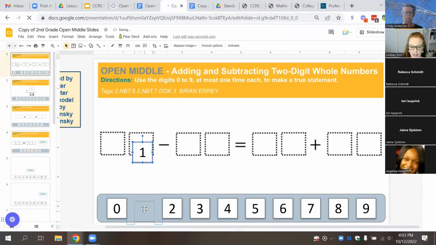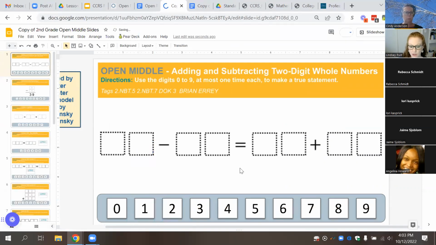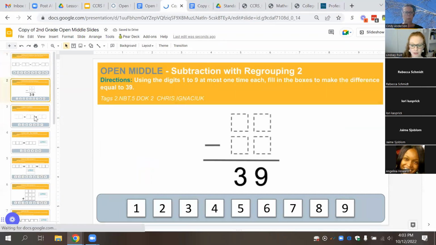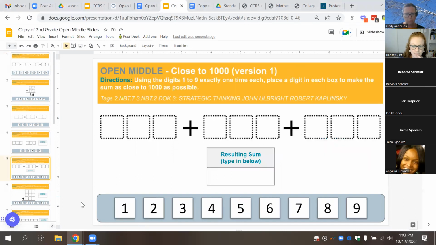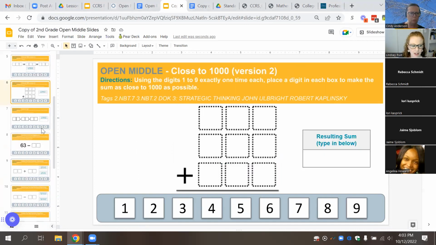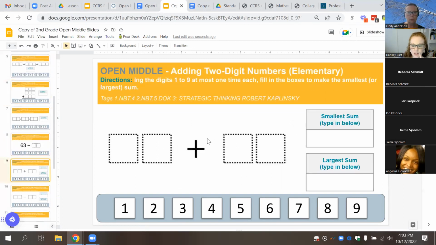So if you did want to have students do this electronically, you could. But there are, how do I get 39? What numbers am I going to add in? What's then the sum, etc. So different levels of complexity and different CCRS levels are available here.